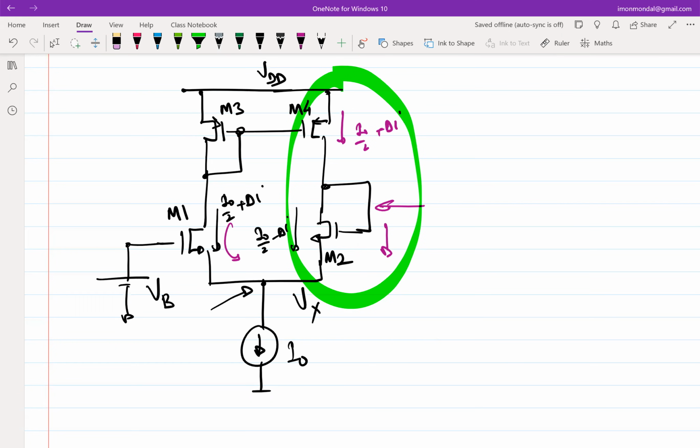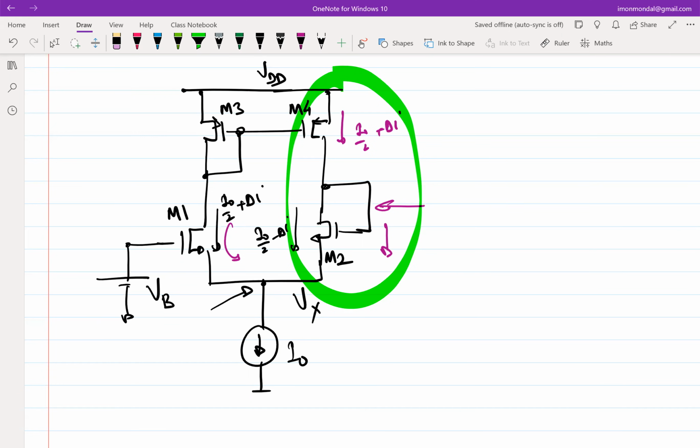There is inherent feedback because of the mirror. Then what is the impedance looking at the drain of M4? If you only look at the drain of M4, how will you figure out the impedance? You put in a source and then look up. In that case, it's infinity because there is no mirroring effect there.